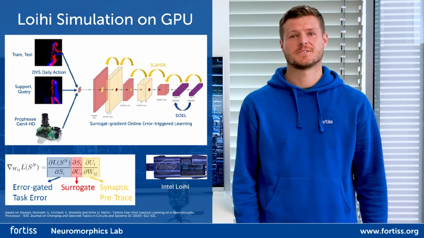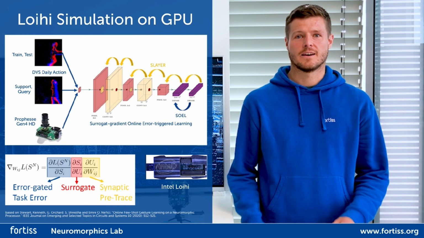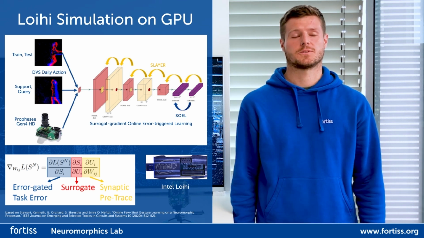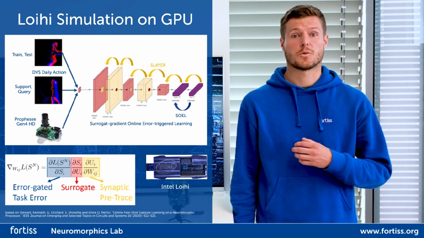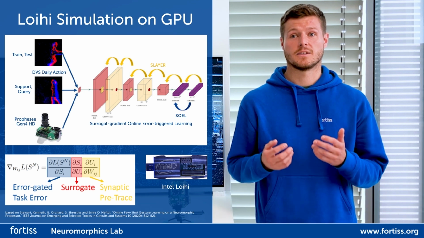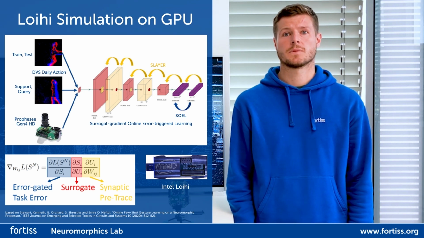Now let's dive into the second stage, the rapid on-chip learning. This stage is there to enable adaptability of systems to dynamic environments or new classes that are presented. And in the future, it can be really the approach to pursue.